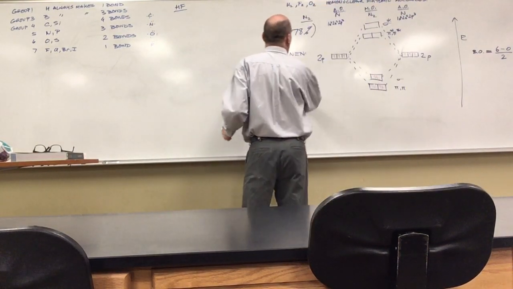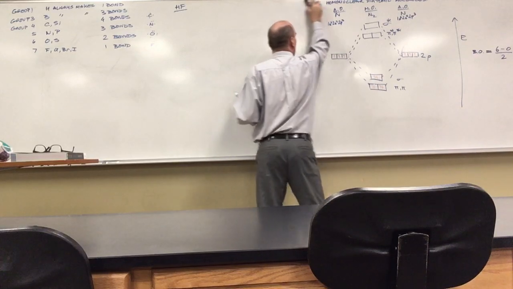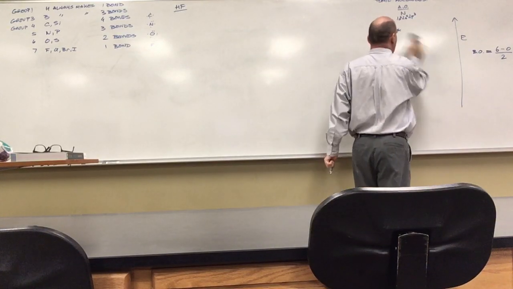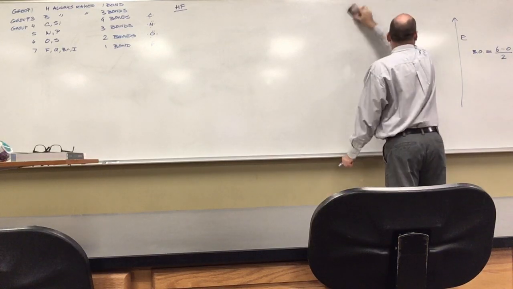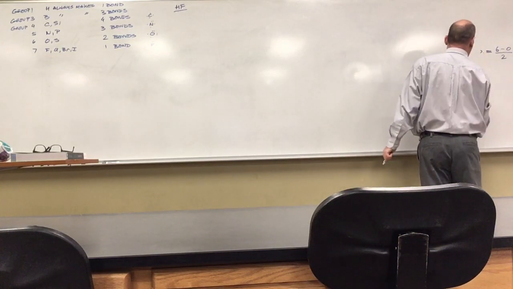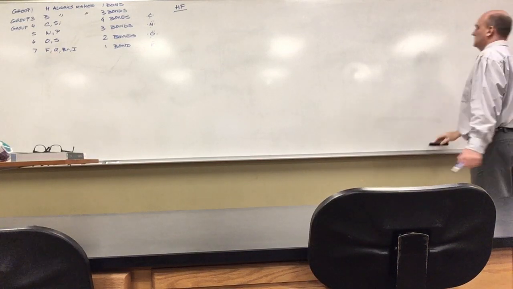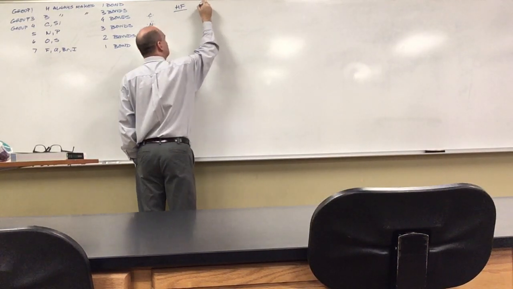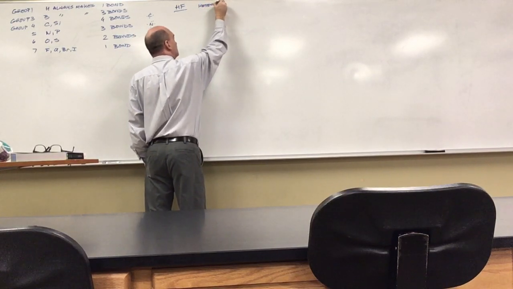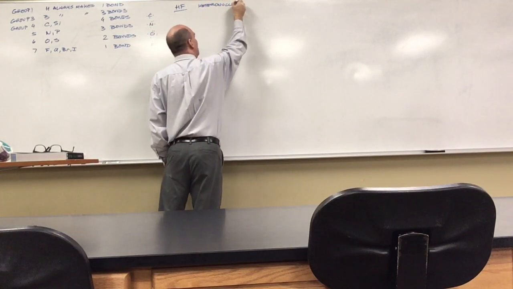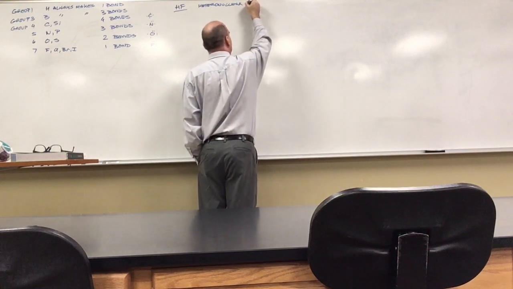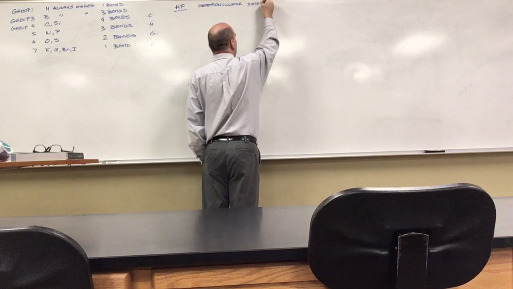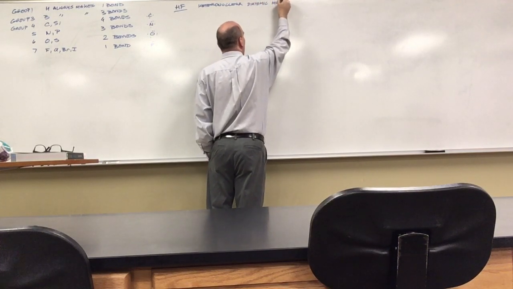Now I'm looking at a heteronuclear diatomic molecule. 2 nonmetals bonded together covalently by sharing of electrons. But those 2 atoms are a different type of atom. So this is a heteronuclear diatomic molecule.